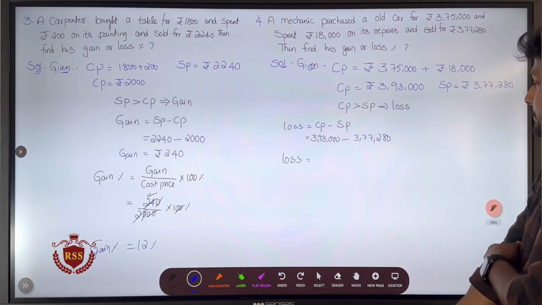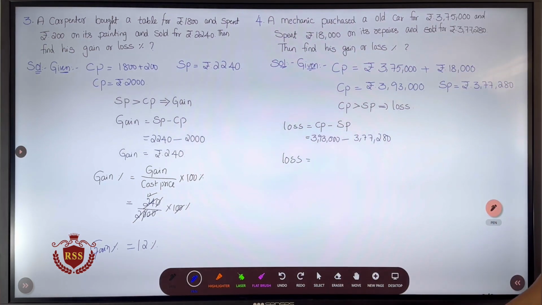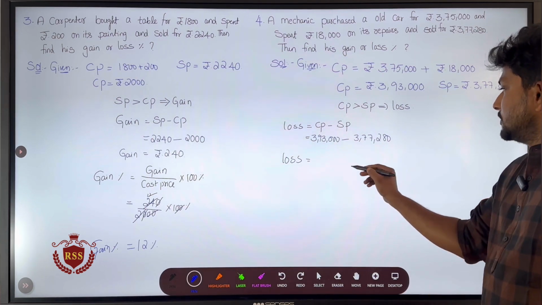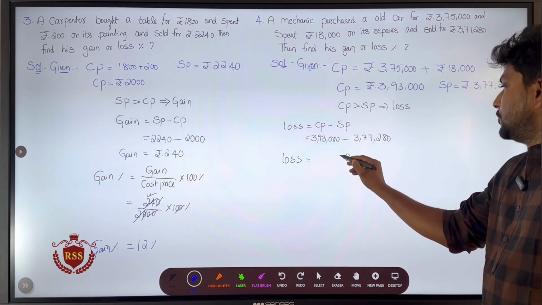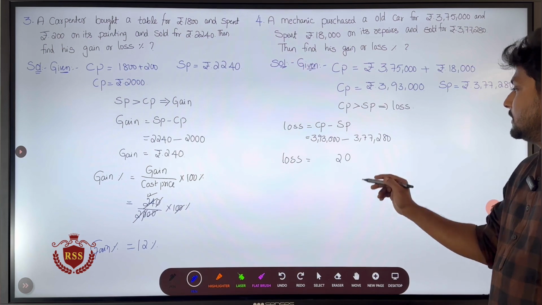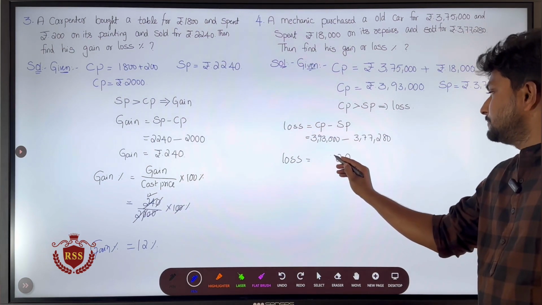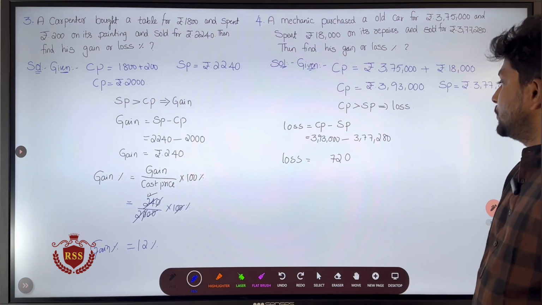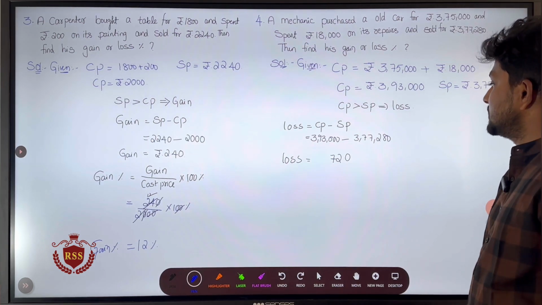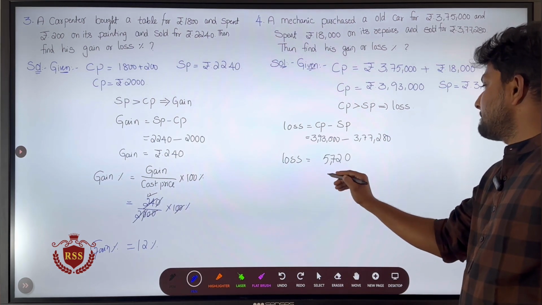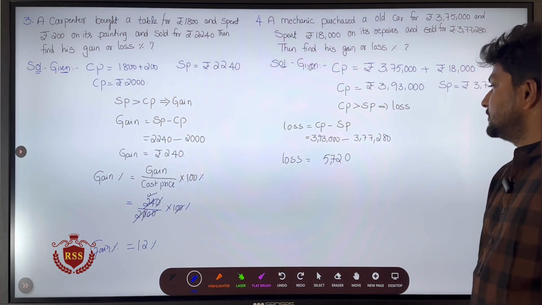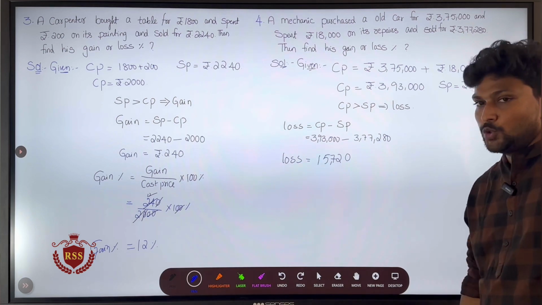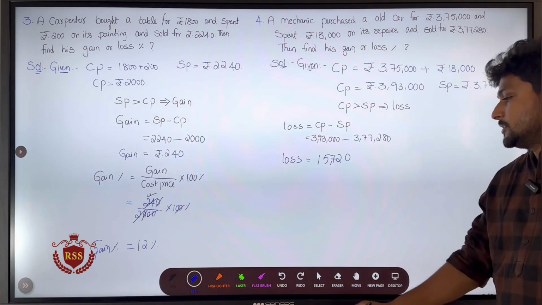If we subtract the values, it will be 0, 2, 9 minus 2 is 7, 12 minus 7 is 5, and 8 minus 7 is 1. 15,720 is the loss.